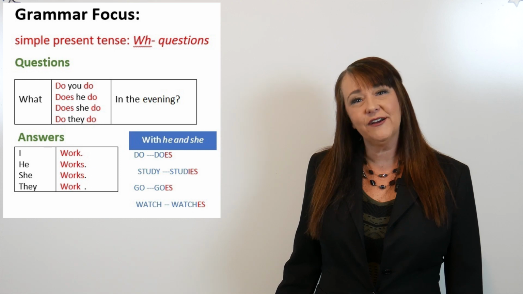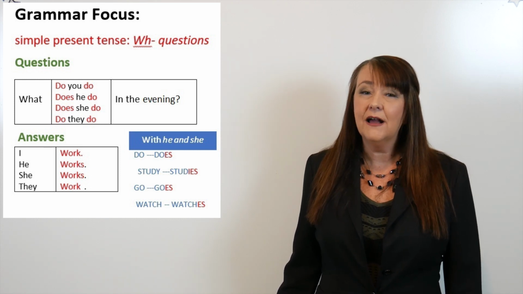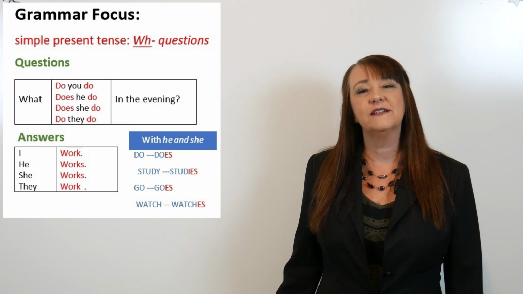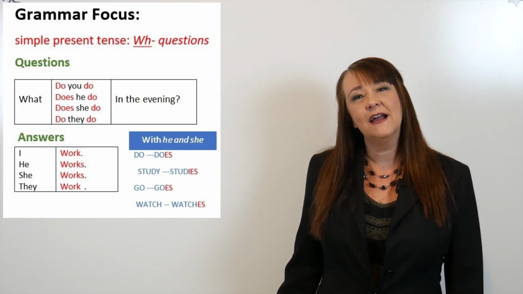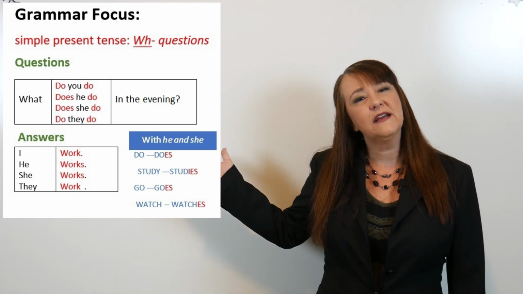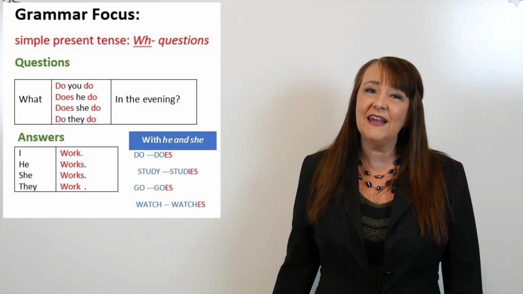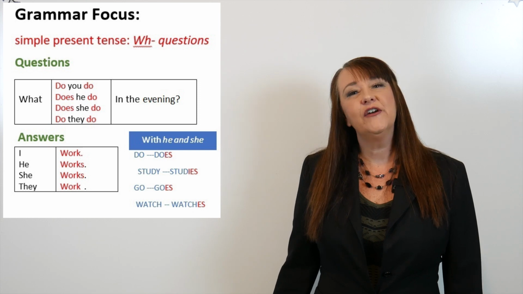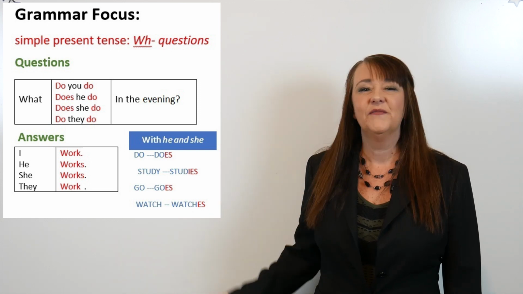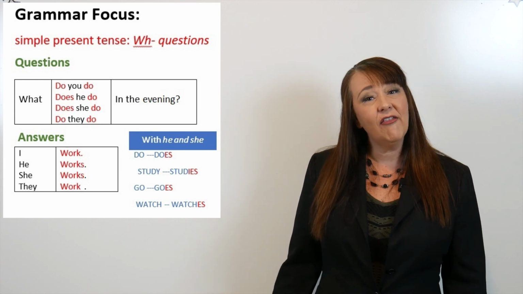I work. He works. She works. They work. Once again, you will notice that when we say he and she, the verb changes and we add an S. Now let's put it all together.